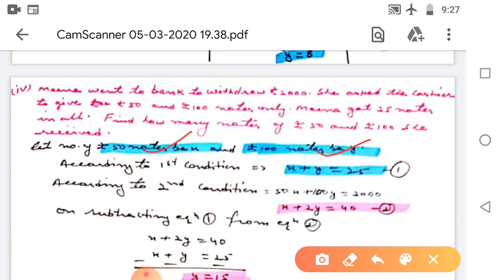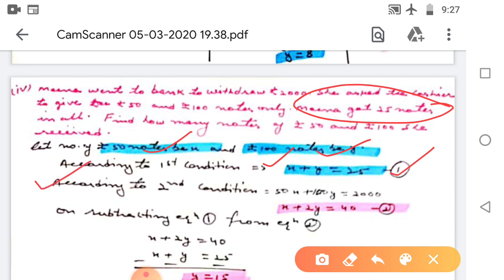According to the first condition, she got 25 notes in all, so x plus y is equal to 25. This is condition number 1.